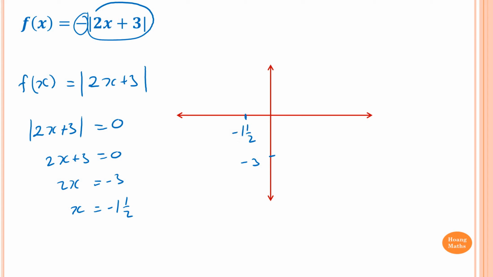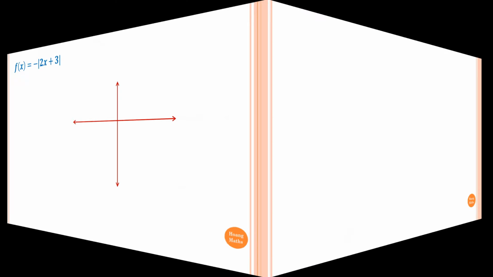And then all I need to do is connect this with a ruler, of course. That's all. That's how you get this graph. So label this, this is x, this is f(x). Otherwise, you can just quickly draw this graph first completely, and then flip it, a reflection about the x-axis, if you like.